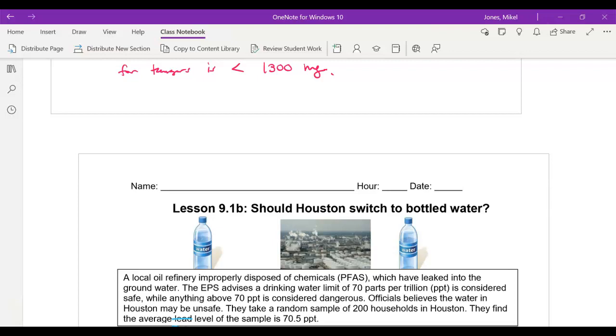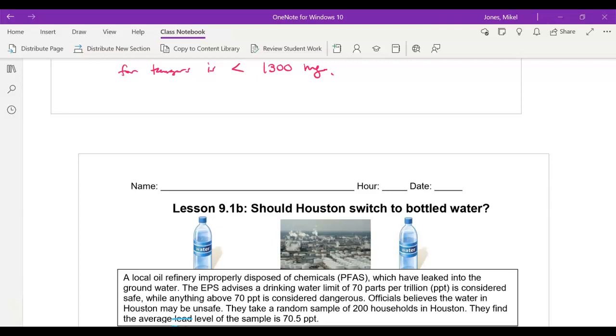So this is hypothetical: a local oil refinery improperly disposed of chemicals, PFAS. These are certain types of chemicals which have leaked into the groundwater. The EPA advises a drinking water limit of 70 parts per trillion. Anything under that is considered safe, but anything above 70 parts per trillion of this PFAS is considered dangerous.